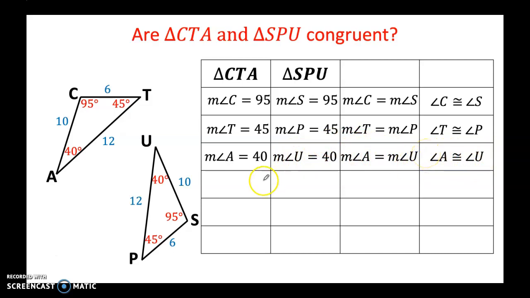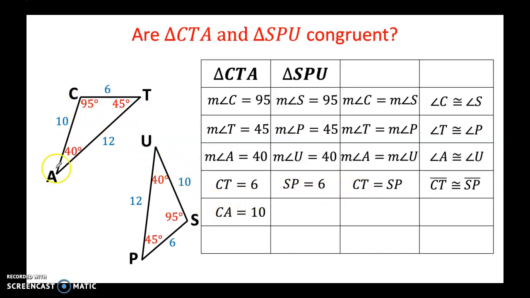Next, for the sides, we have segment CT is equal to 6 and segment SP is equal to 6. Therefore, segment CT is equal to segment SP by the transitive property because they are both equal to 6. Since the two segments are equal, we can say that the two segments are also congruent by the definition of congruent segments.